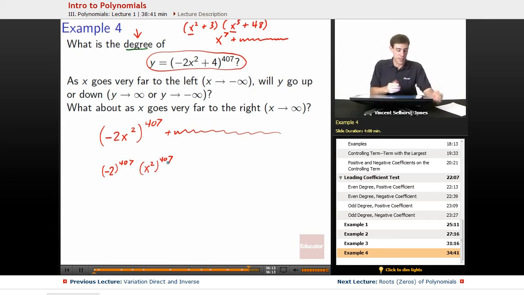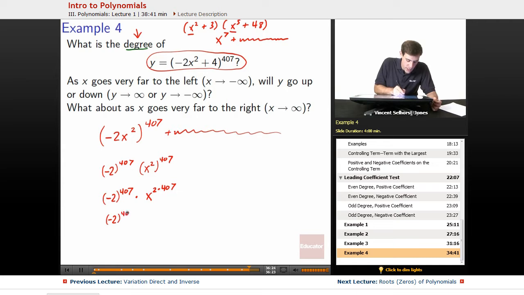So we've got negative 2 to the 407 times x to the 2 times 407, so x to the 814. So our degree is n equals 814. That is our degree for this polynomial.